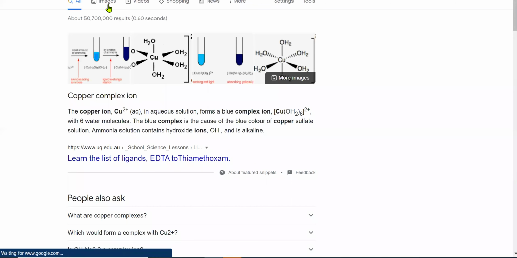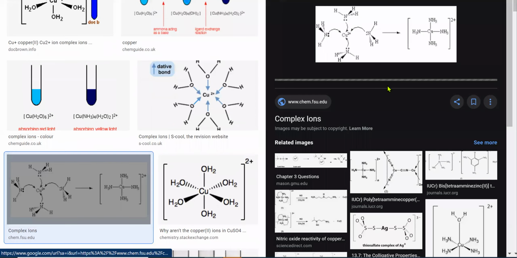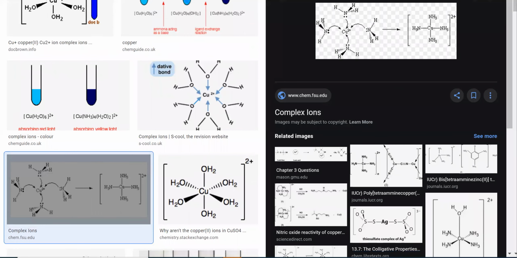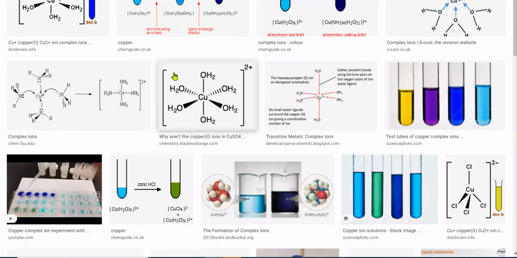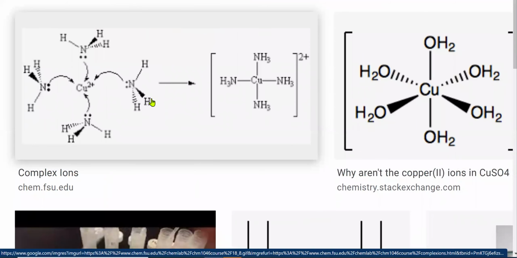Maybe there would be a lot of images. Okay, just a second. For example, this one. This is copper ions with NH3. If you dissolve copper in NH3, it's not just copper ions randomly moving around. It's NH3, the lone pairs on N that would be attracted to this copper ion, right?